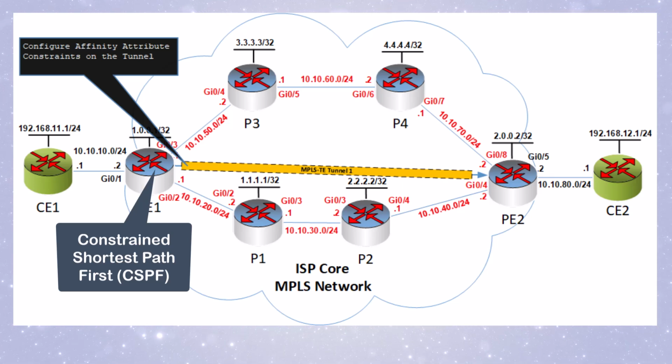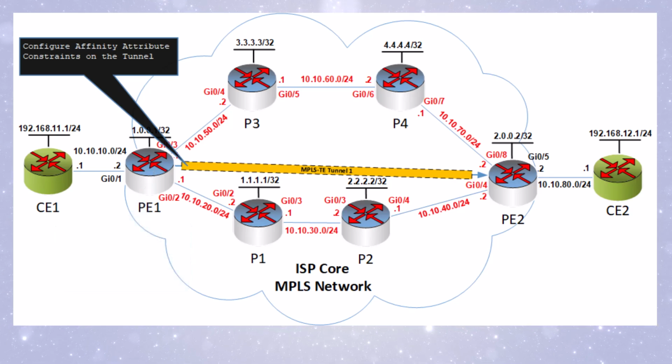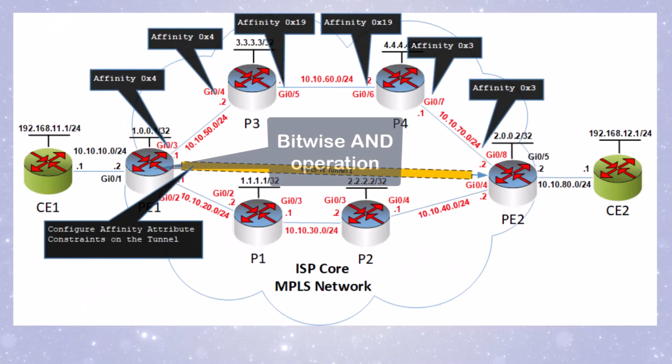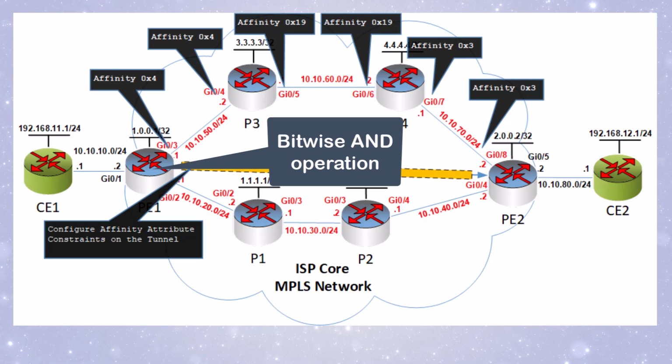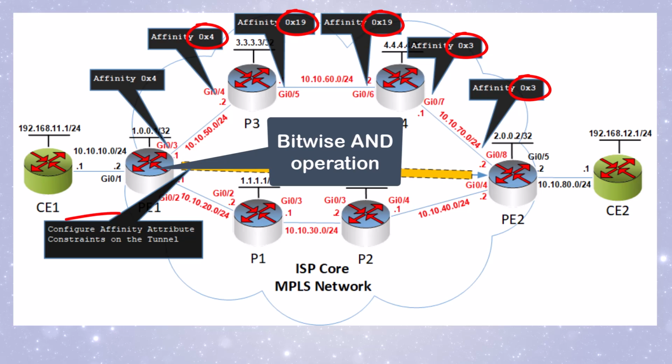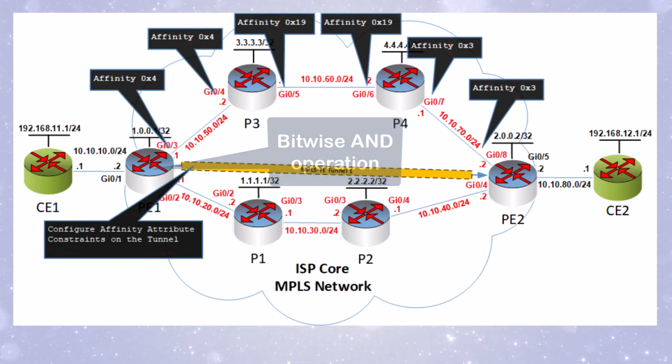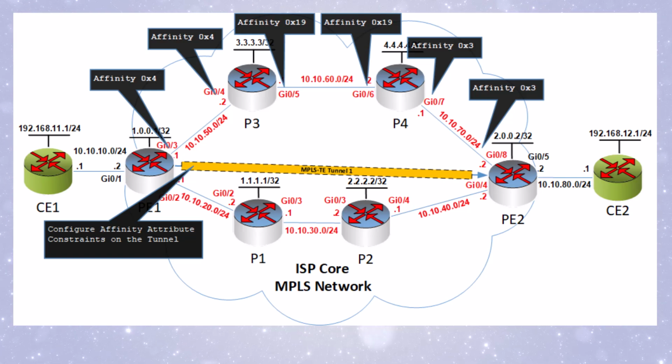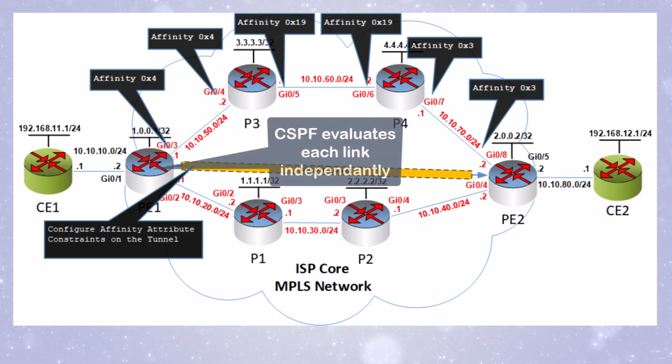Now, how is the path calculated and determined? The algorithm applies a bitwise AND operation between the affinity values of the links and the configured affinity constraints set on the TE tunnel. Since different links in the network can have different affinity values, CSPF evaluates each link independently during path computation.